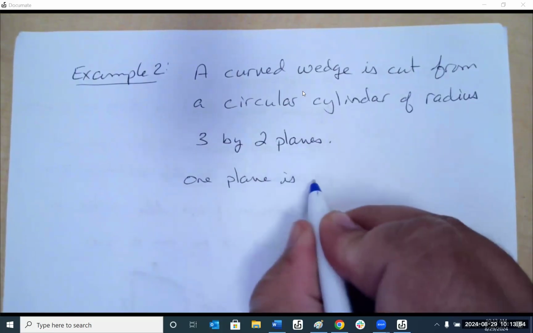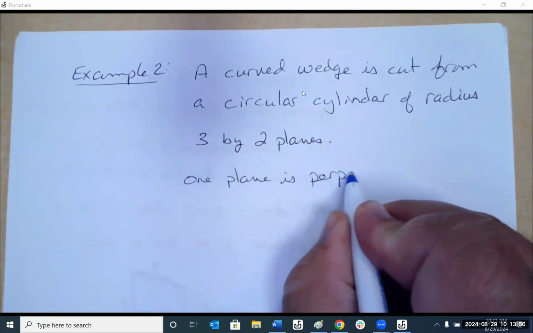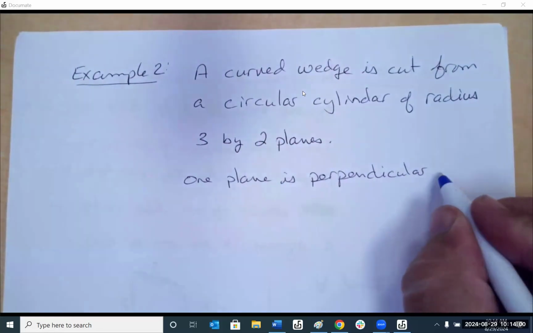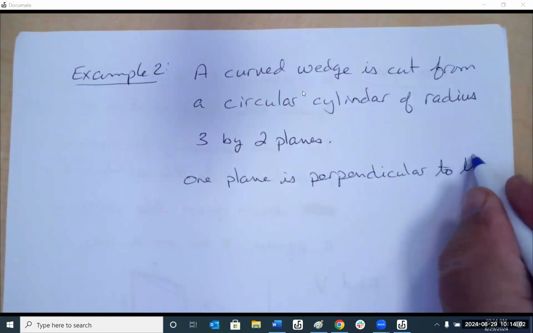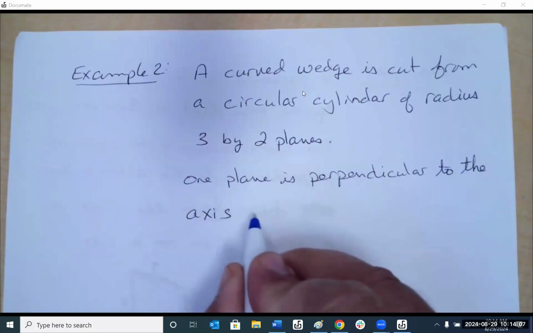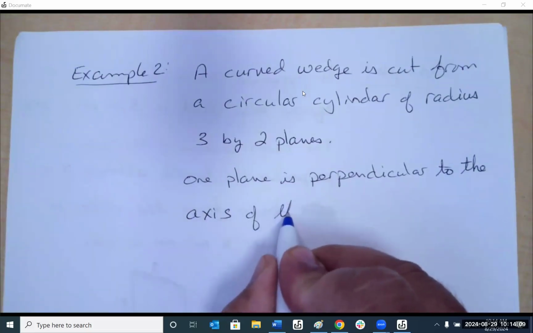One plane is perpendicular to the axis of the cylinder.